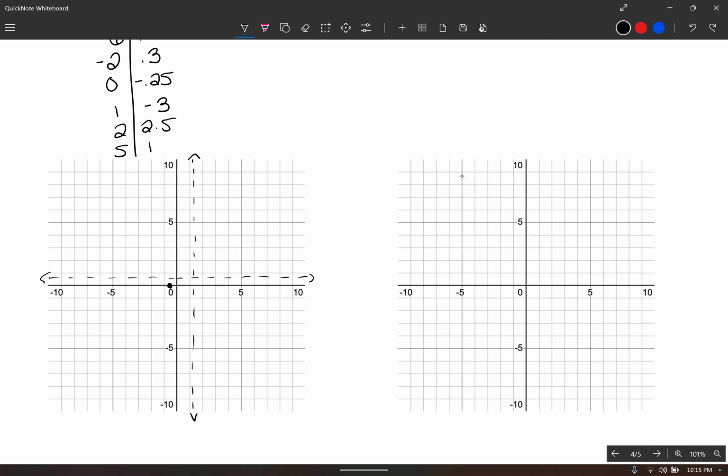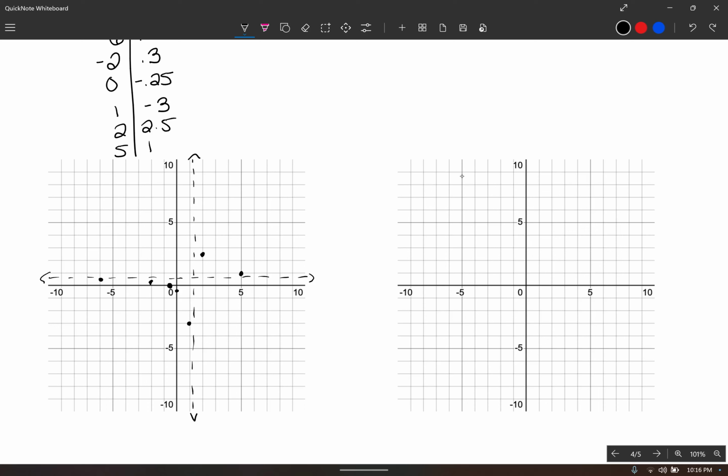So we have negative 6.5, negative 2.3. Oh, I went too far over. Zero, negative 0.25, 1, negative 3, 2, 2.5, and 5, 1.